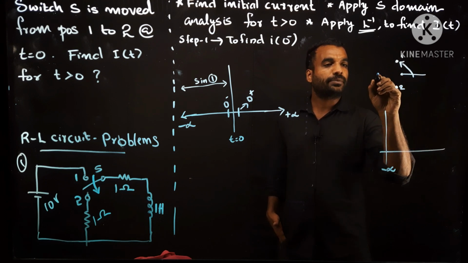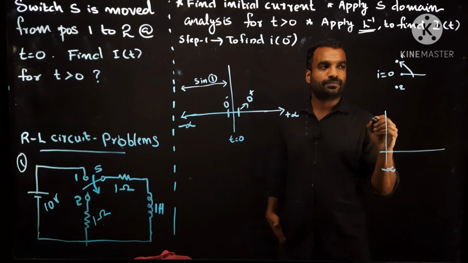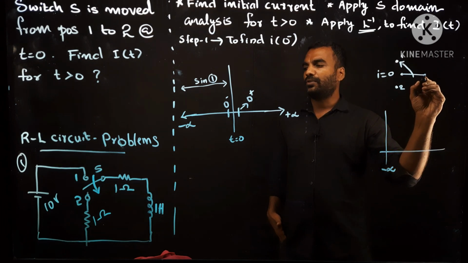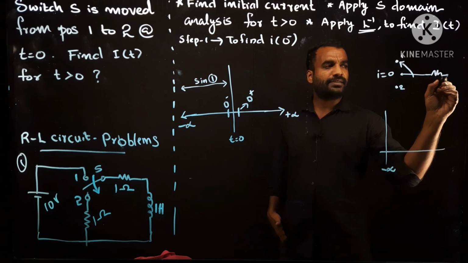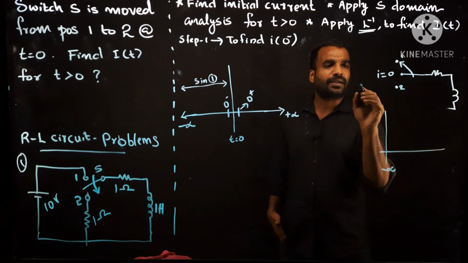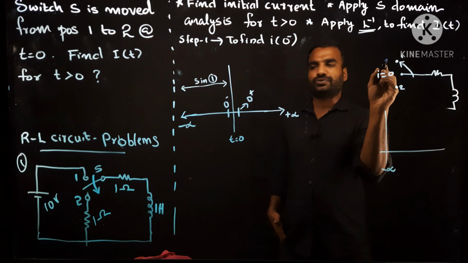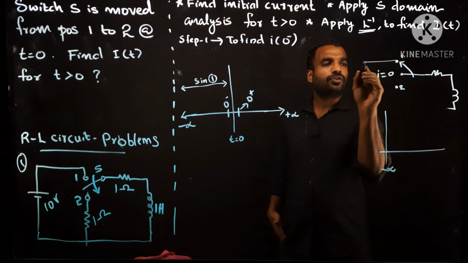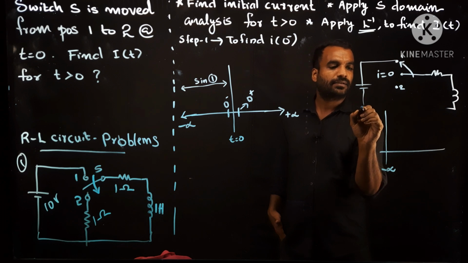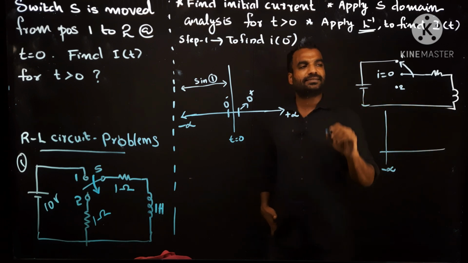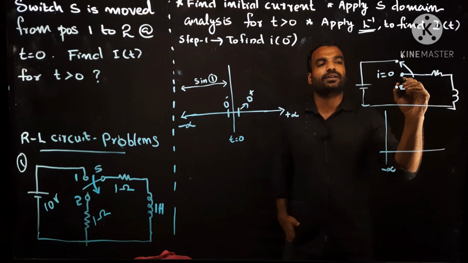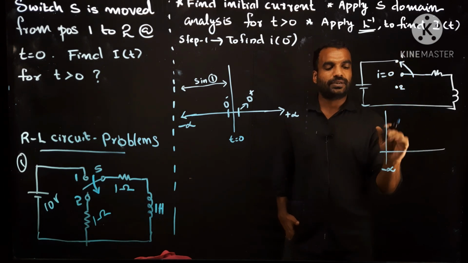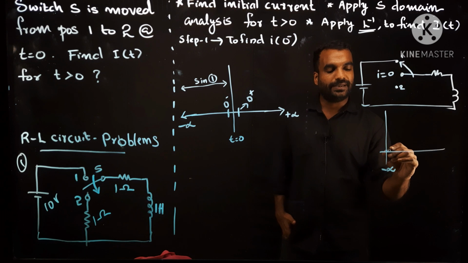Open position means current is equal to 0. At that time the inductor is here, the resistor is here, everything is here, but the switch is in open position. Even though the battery is there, the switch is not connected to 1 or 2. So at that time, current may be 0.